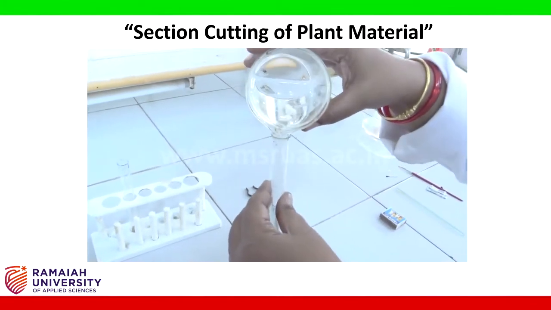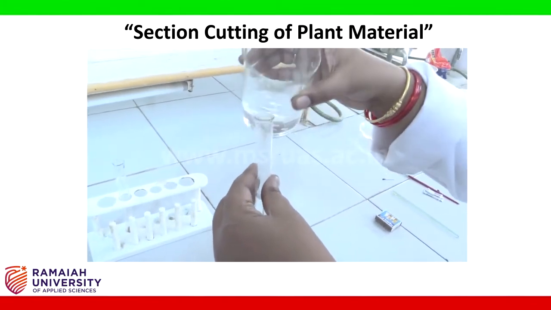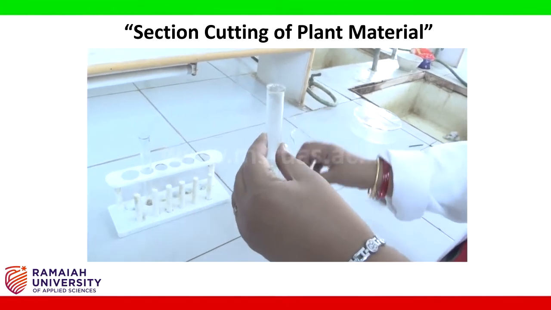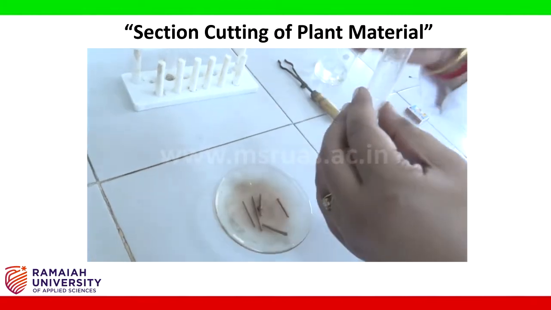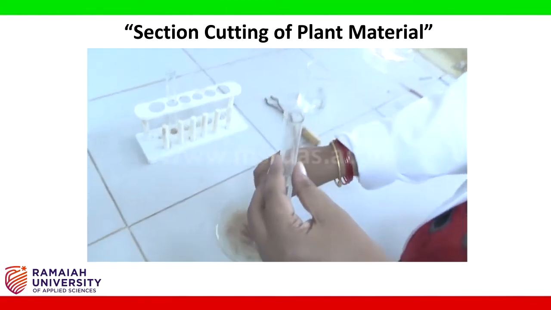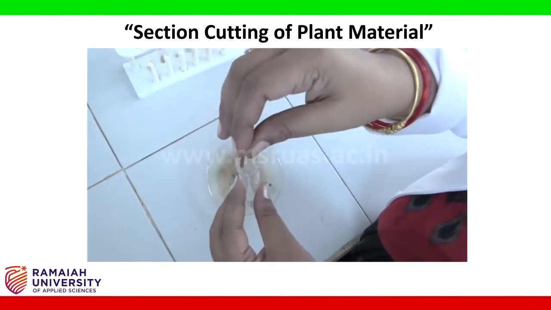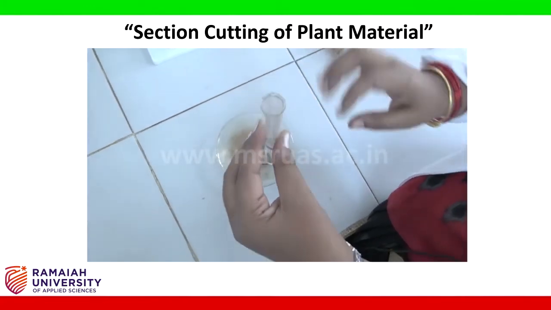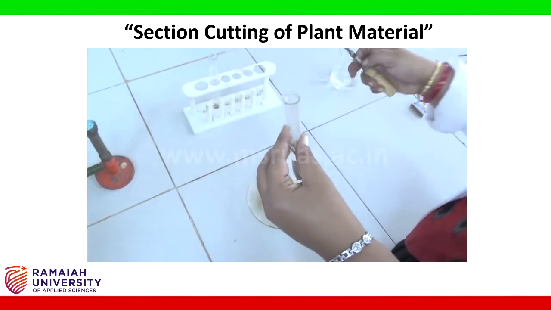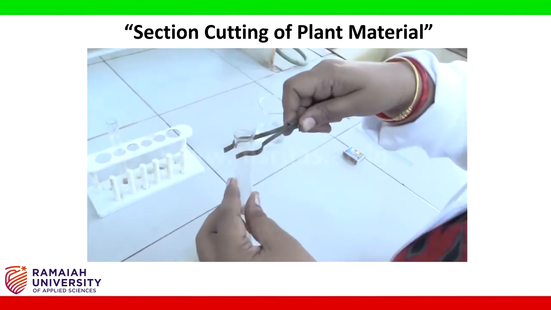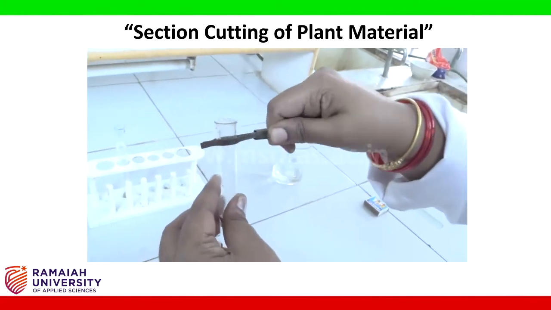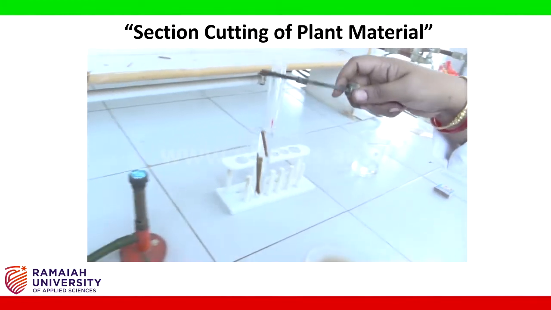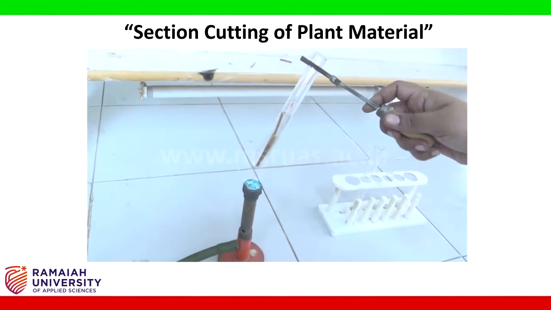Add sufficient quantity of water, preferably distilled water, and add 2 to 3 pieces of the selected plant material. With the help of a test tube holder, clamp the test tube and we are going to boil the plant material.